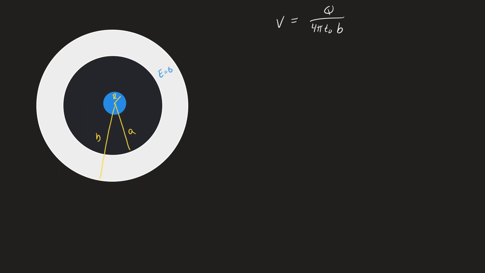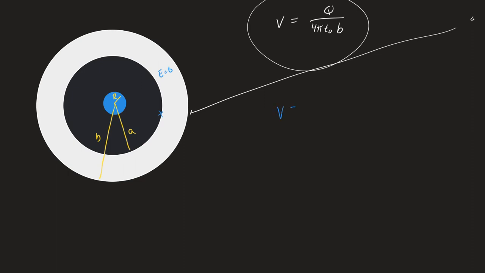This is the equation for an electric potential outside of a charge, assuming that we started that charge from a place at infinity and moved to a place that was a distance b away from the charge. So from infinity to right here at the surface. Everybody okay so far?